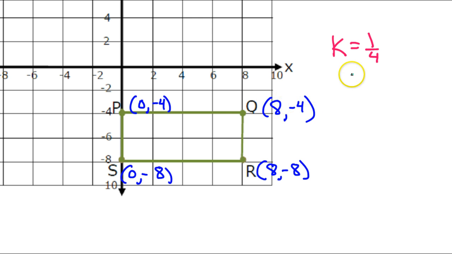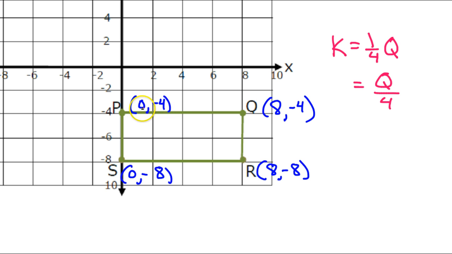Now, we are supposed to be doing a dilation with a scale factor of 1/4. I could take 1/4 and multiply it by every one of these numbers. It will be helpful to understand that multiplying by 1/4 is the same thing as dividing by 4. Let's divide each one of these numbers by 4.